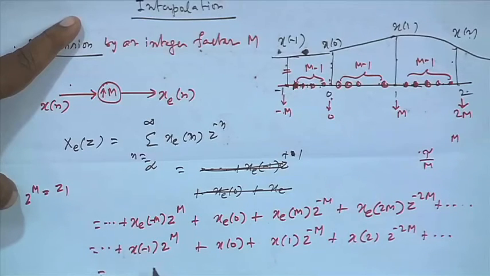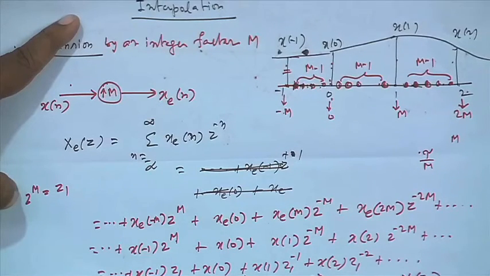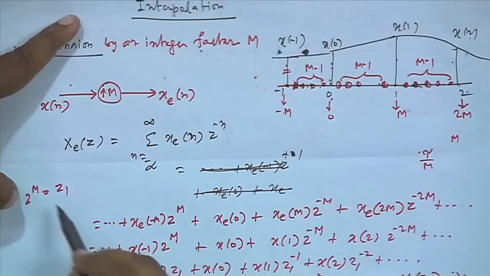So, this is Z1 to the power 1, then X0, then X1 Z1 to the power -1, then X2 Z1 to the power -2, dot dot dot, which is nothing but summation Xn Z1 to the power -n, you see, which is capital X of Z1, which is equivalent to, and what is Z1? Z to the power m.